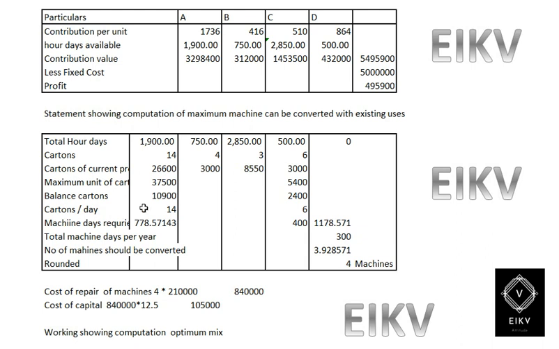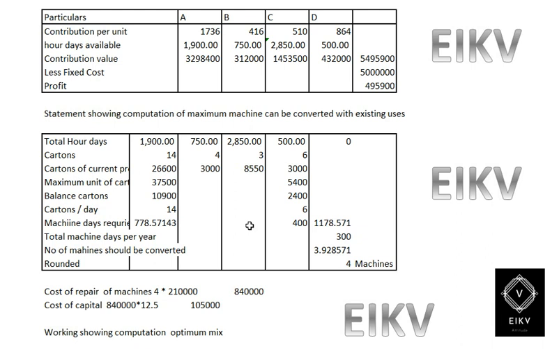After that, we take the cartons per day, which is 14 for product A and 6 for product D. When we divide the balance cartons by cartons per day, we will get the machine days required for conversion. For product A it is 778.5, and for product D it is 400 days.